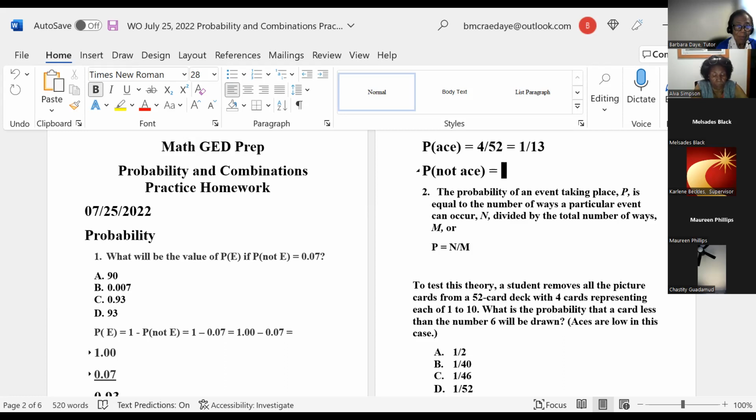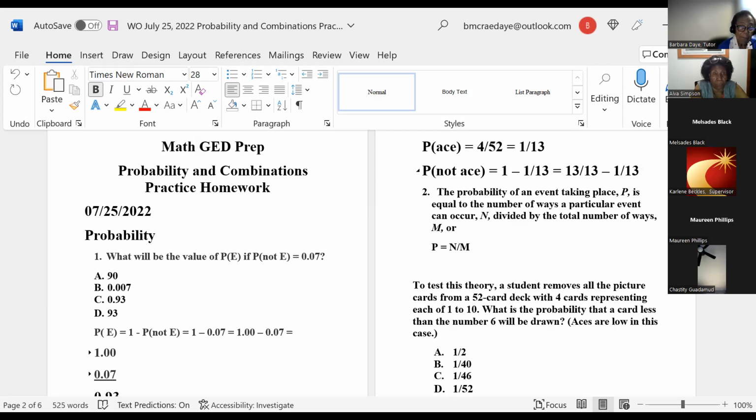No. Probability of it not being an ace would be 1 minus 1/13, right? But 1 is 13/13, right? So that's like 13 over 13 minus 1. What's that equal to, Mercedes?